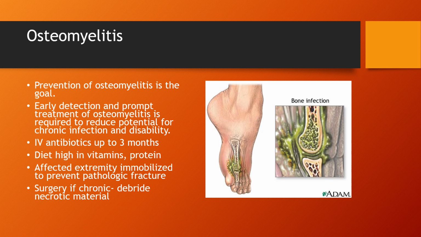And then we need a diet high in vitamins and protein to help with the healing. And then the affected extremity is usually immobilized to prevent a pathologic fracture because that area of the bone that's infected now has become weakened. And if it is chronic and it's not cleared with the antibiotics, surgery may be necessary in order to debride the necrotic material out of that bony area.